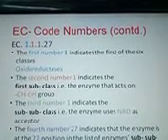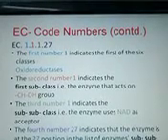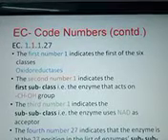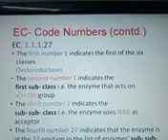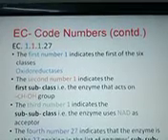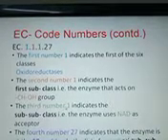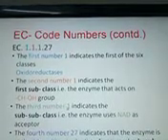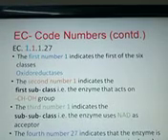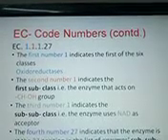For example, 1.2 is for the aldehyde group of donors, 1.3 is for the CH group of donors, 1.4 is for the CH-NH2 group of donors, and so on and so forth. Then the third number 1 indicates the sub-subclass, that is the enzyme uses NAD as acceptor.